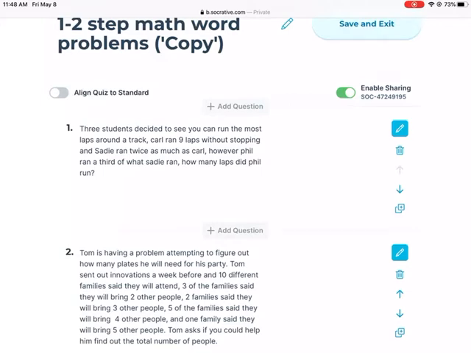And if we keep reading, it says Phil ran a third of what Sadie ran. So because we understand that a third means what kind of operation? The opposite of multiplication? Yes, we will be dividing Sadie's by 3, a third. So we're going to be doing 18 divided by 3.